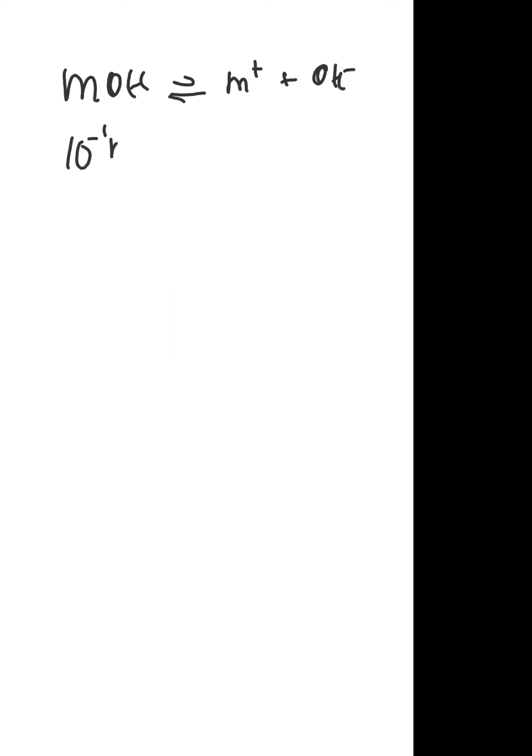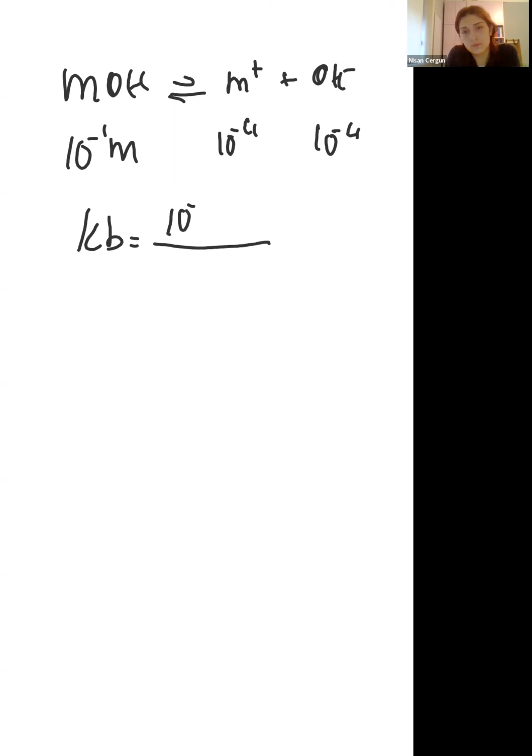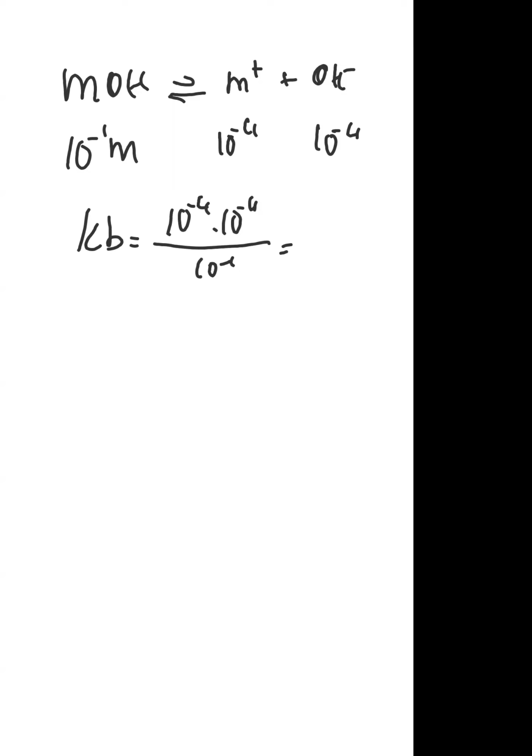Then we have 10 to the minus 1 molar of original base. And let's say this one is 10 to the minus 4, and this one also 10 to the minus 4. Then this will be the calculation for Kb instead of Ka. Then it will be 10 to the minus 4 times 10 to the minus 4, and so on. The rest is the same.